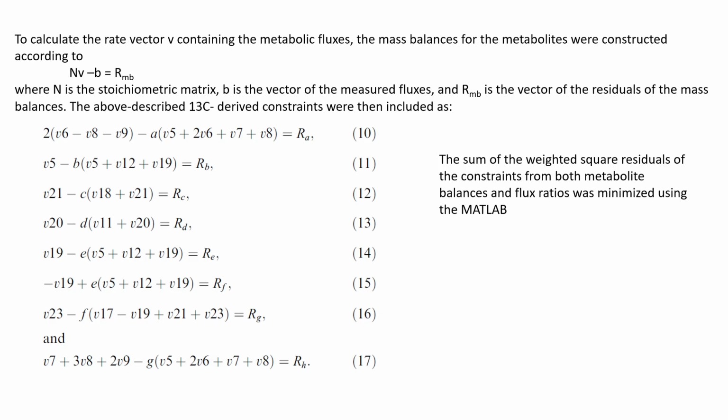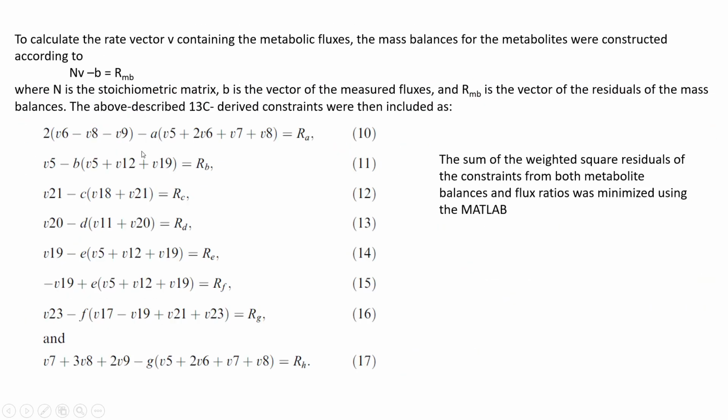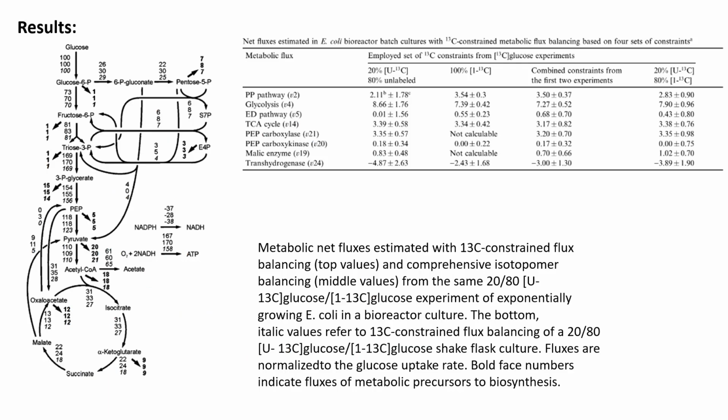If you take this equation and substitute here, you basically modify all the equations, and what you get is something like this set of 8 equations again. Then what they did was they used the sum of the weighted squared residuals of constraints from both metabolite balances and flux ratios, and they minimized it using MATLAB functions. So this is how the results look.